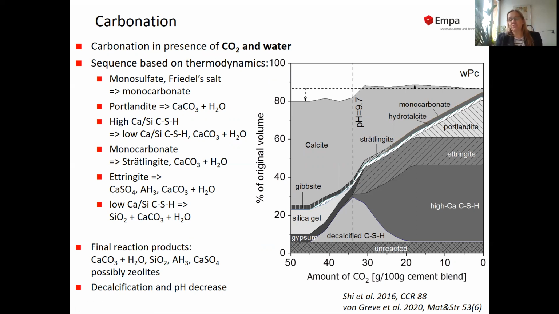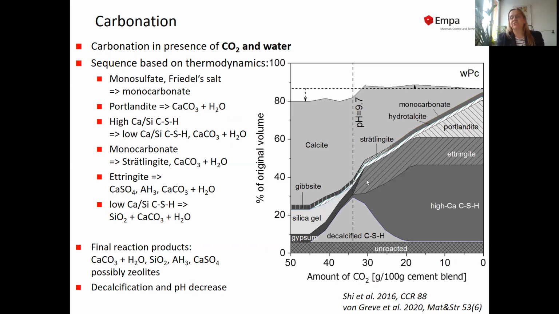If we add some CO2 to this system, basically to mimic the ingress of CO2 in a hydrated cement, then we generally predict the following sequence. First, we would destabilize any monosulfate or Friedel's salt present to monocarbonate.